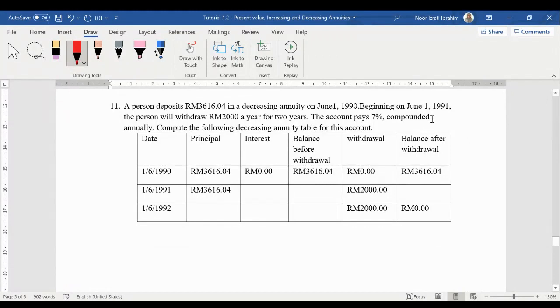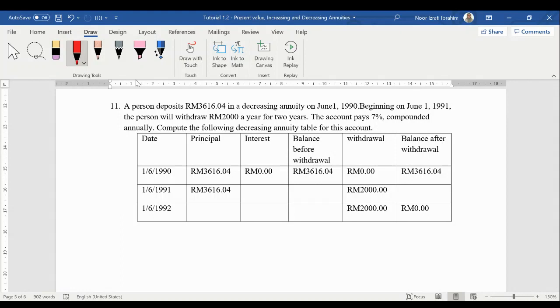After a year, on June 1st, 1991, the person will withdraw 2,000 a year for 2 years. The account pays 7% compounded annually. Complete this decreasing annuity account.